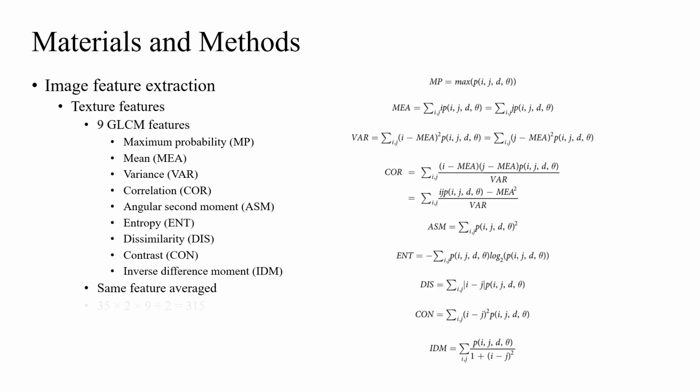In total, 35 times 2 times 9 divided by 2 equals 315 texture features were extracted from each original Canopy RGB image. When I conducted literature review for GLCM, I observed that there were huge amounts of confusions and inconsistencies among studies regarding GLCM feature definition and naming, so I listed the ones that I noticed in the article for clarification.